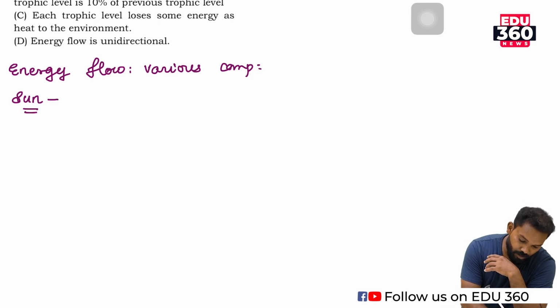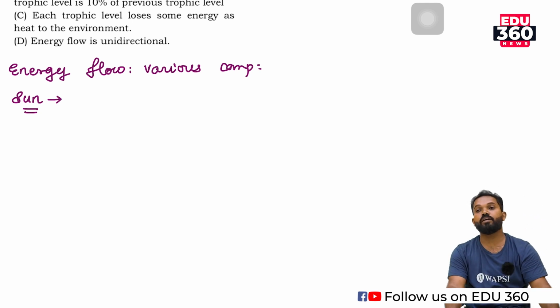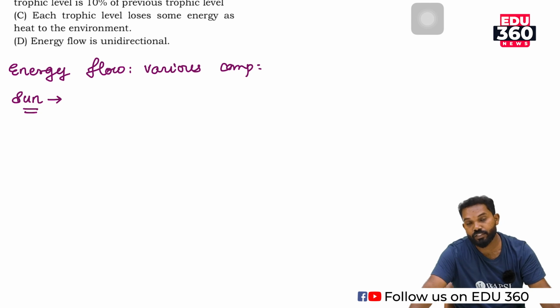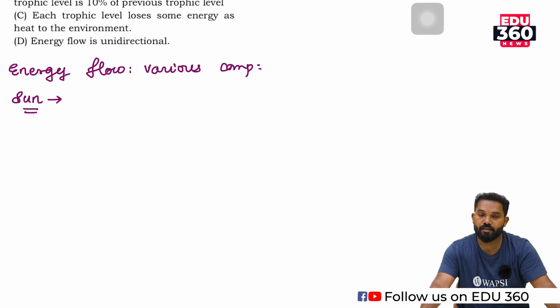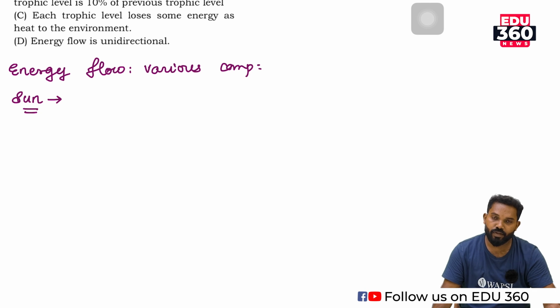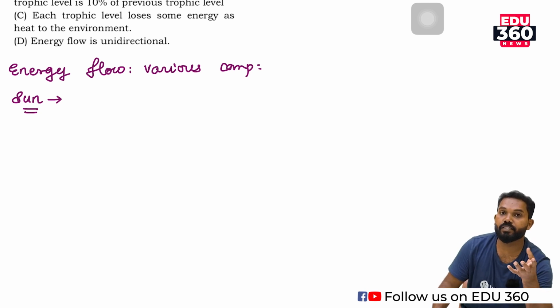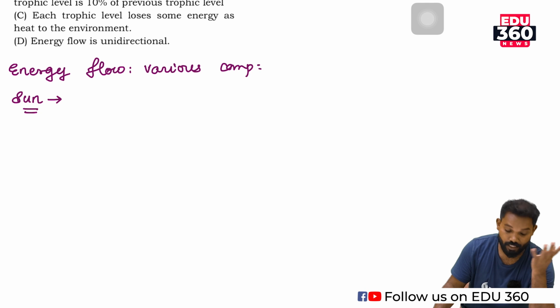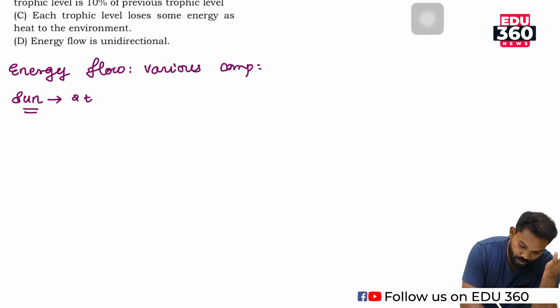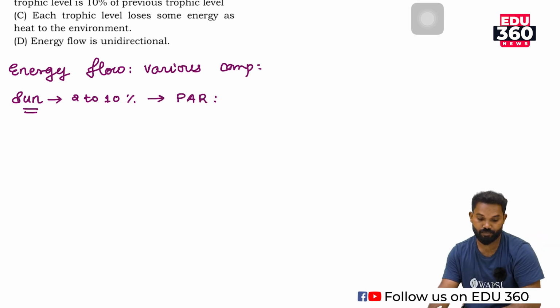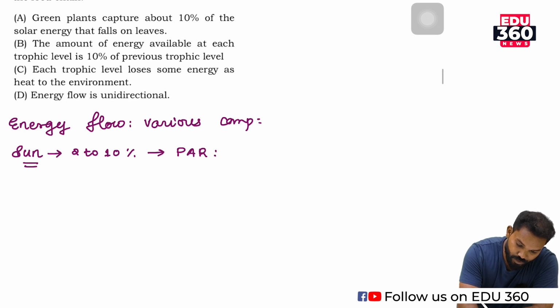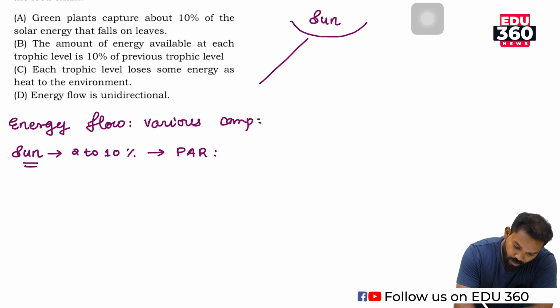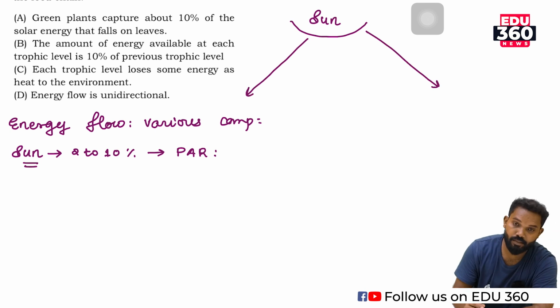The sun produces a huge amount of energy or light, but only a little, 2 to 10% of energy, is photosynthetically active radiation. That means the sun emits energy in a huge quantity.